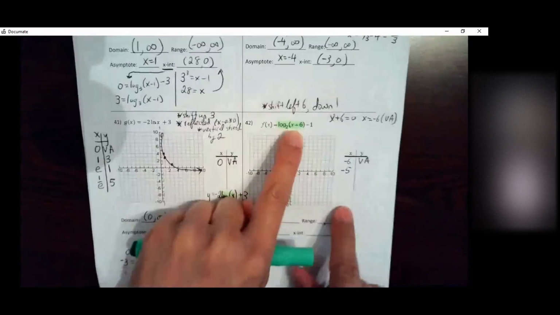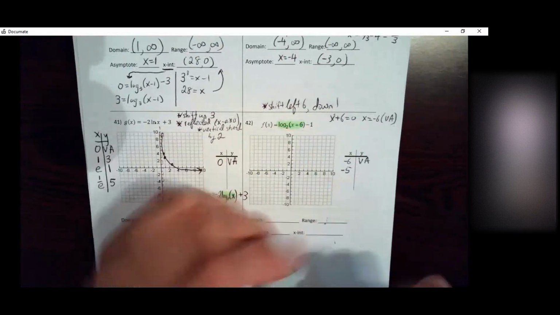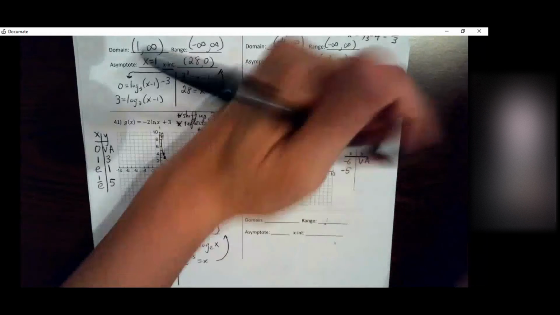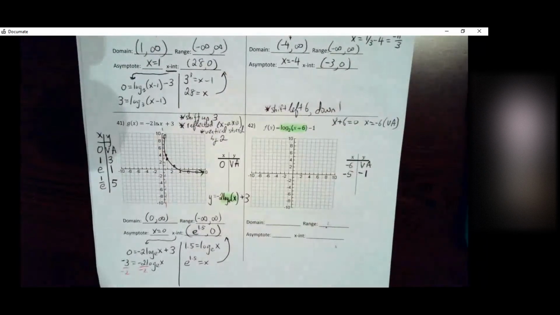Well, the log portion will equal 0. And then 0 minus 1 is -1.